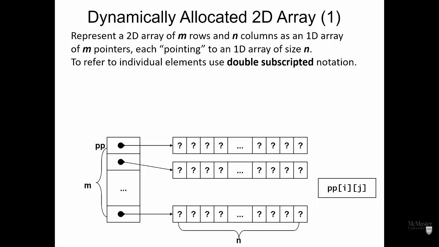Yes, for sure you use the malloc function, but how? What is the logic? This is M, and each one of these has to point to an array of n elements.